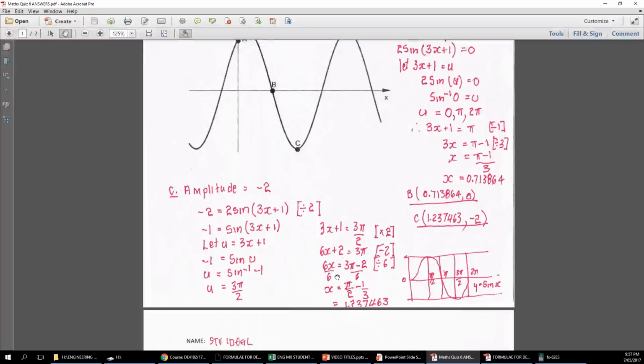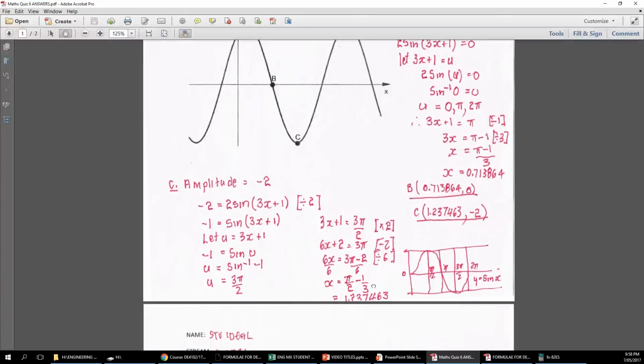Then we divide through by 6, because we know that if we divide 6x by 6, we'll get x on its own. And that's what we're looking for. So we get 3 pi upon 6 is pi upon 2, minus, and 2 divided by 6 is a third.